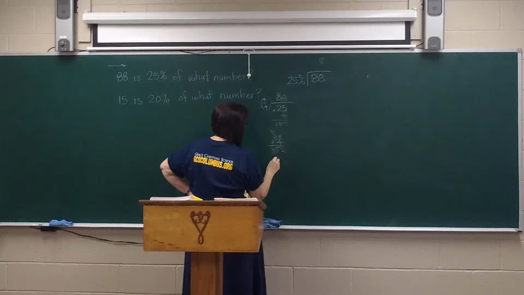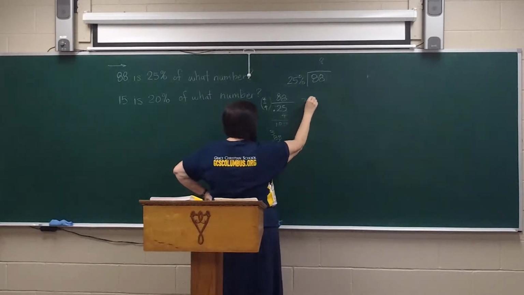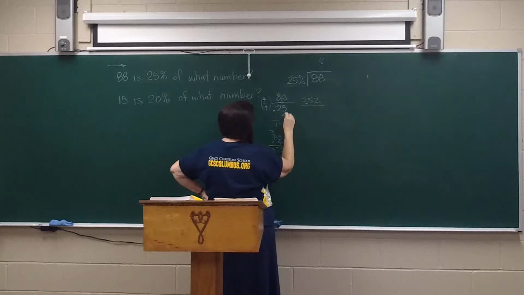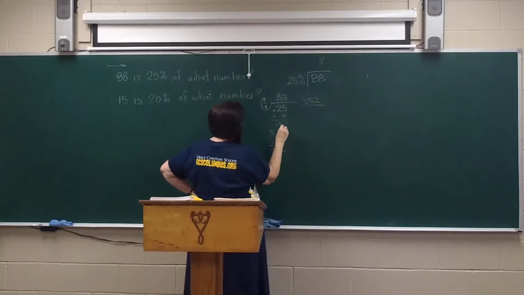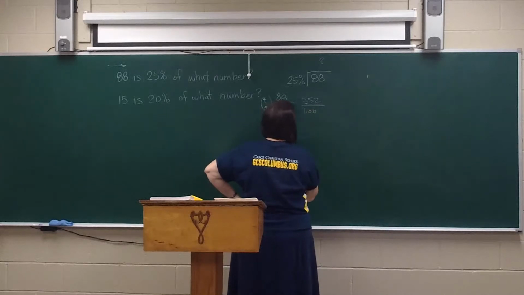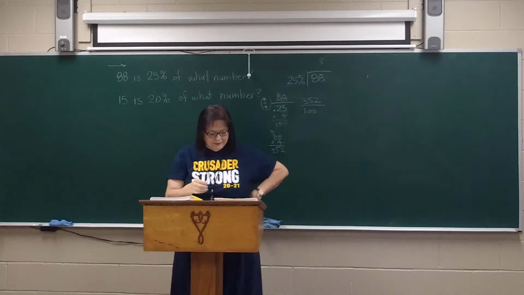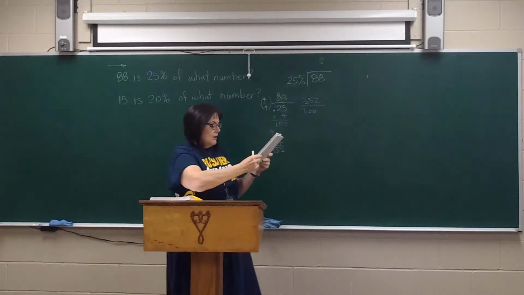So 352 over 100. This is more complicated than the other one in this case, okay? I like to do the long division.